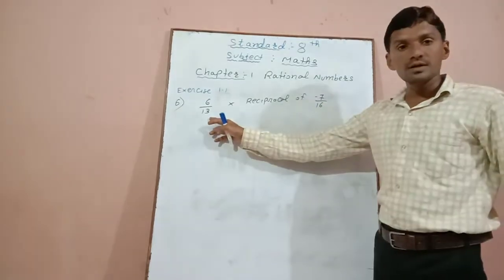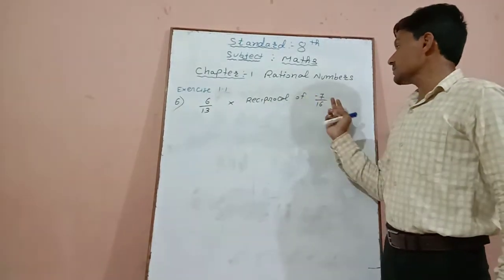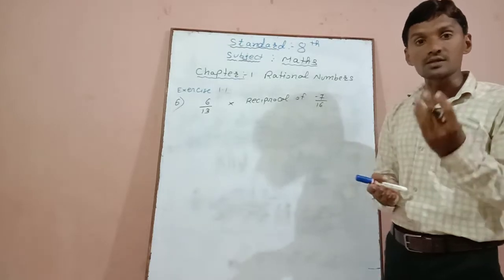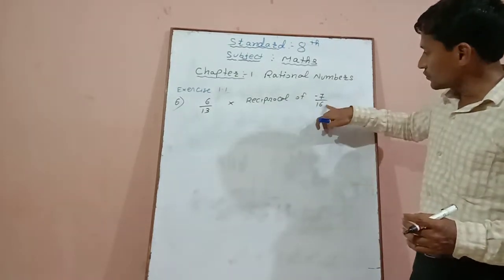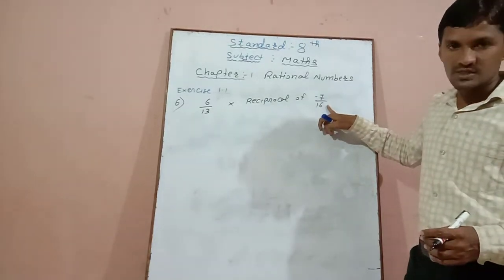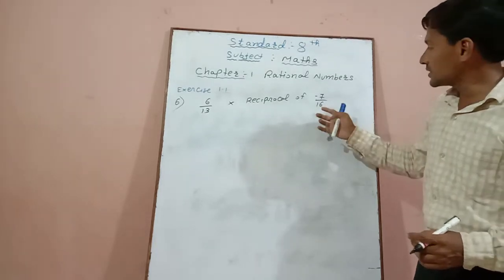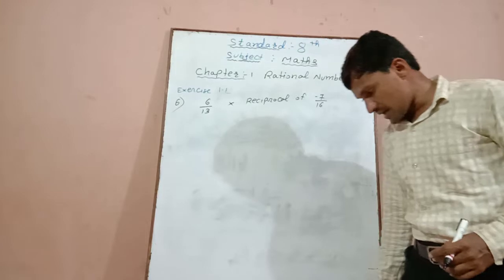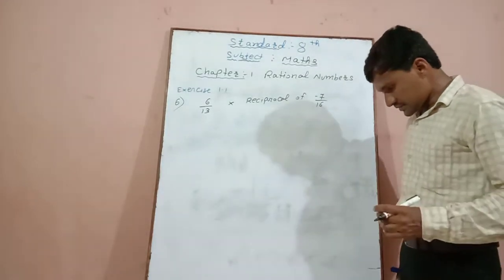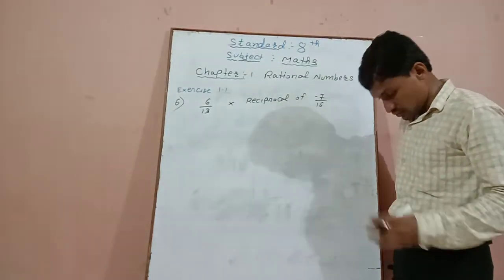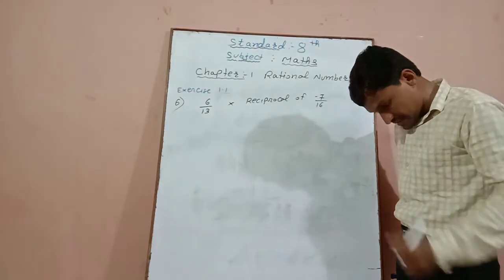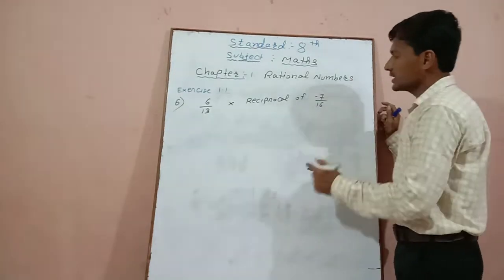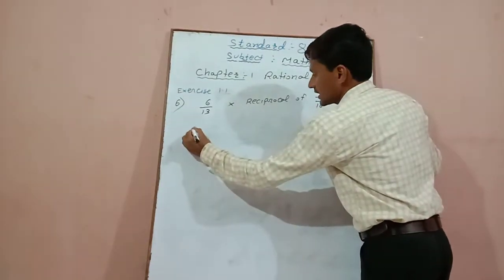This is how to multiply with a reciprocal. Reciprocal means reverse, inverse. First of all, we have to find the reciprocal of 7 divided by 16. After that, we will multiply this answer with 6 divided by 13.